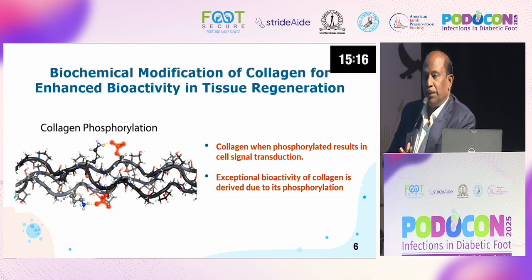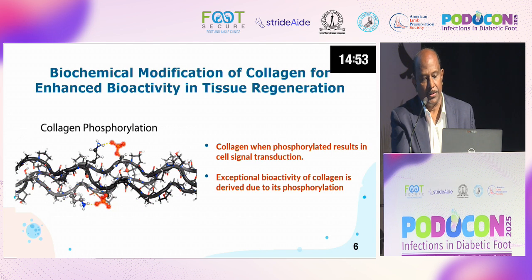Among different modifications, phosphorylation is one such modification which induces cell signaling. And that's what the products produced for the repair of the tissue have gone through. So this is a very important thing which I wanted to bring to your attention.